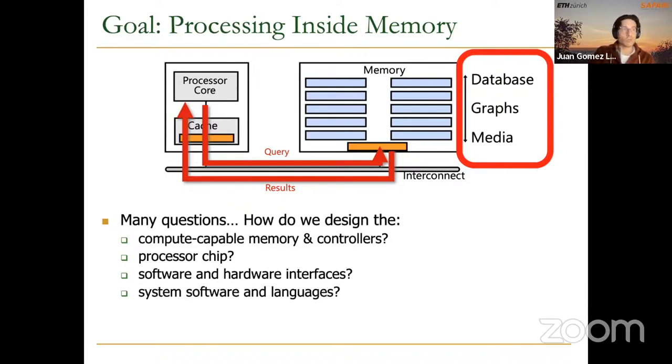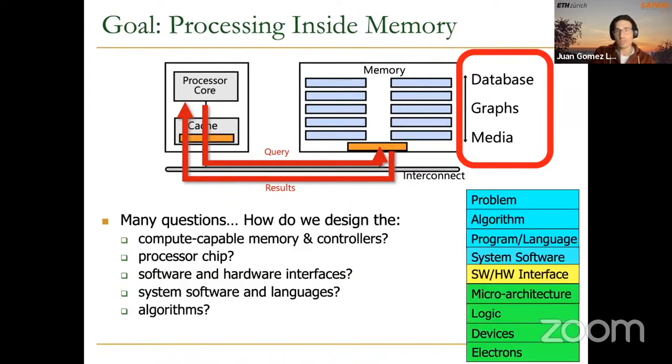We may need to develop new software, new languages, maybe new algorithms as well. In the end, it affects the whole computing stack, from the problem and the algorithm to the devices and almost the electrons, as you see in this slide.